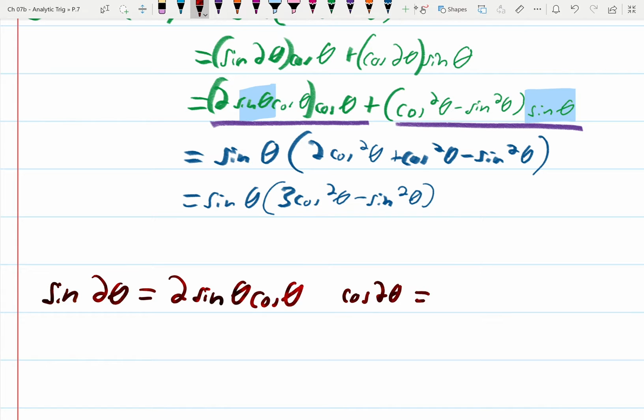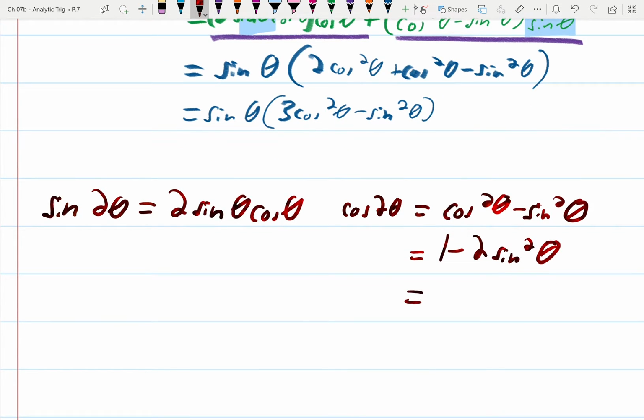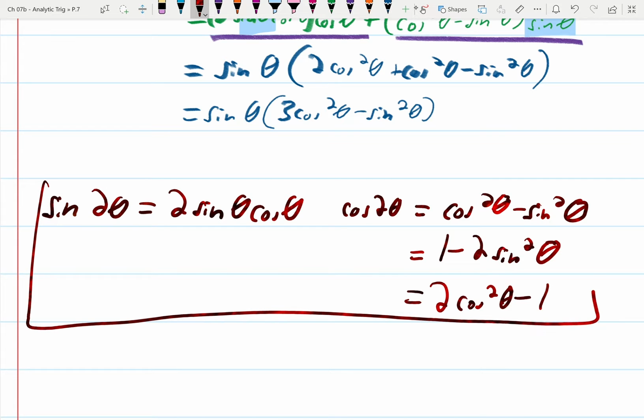Cosine 2 theta is cosine squared theta minus sine squared theta, or 1 minus 2 sine squared theta, or 2 cosine squared theta minus 1. Okay. Box these off.